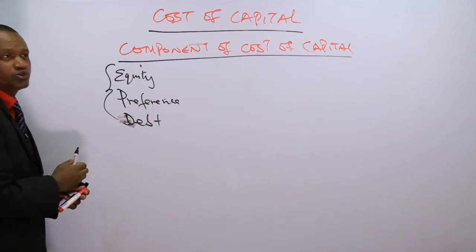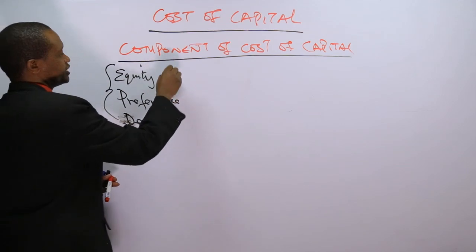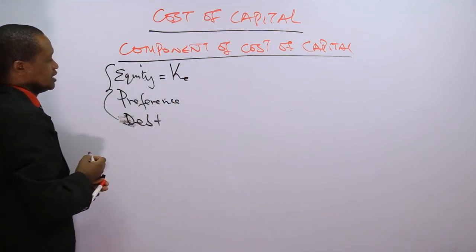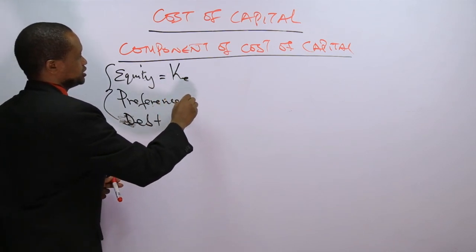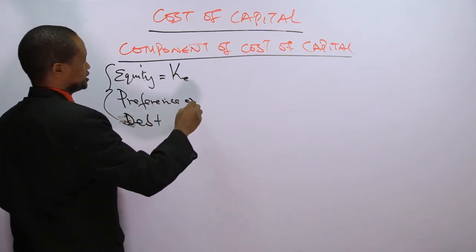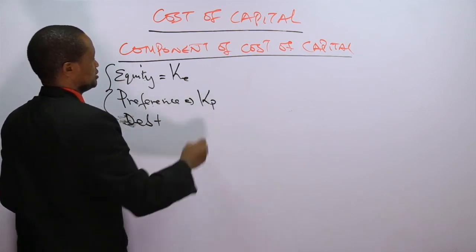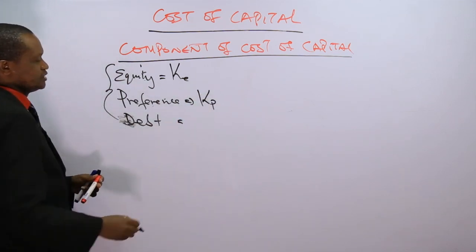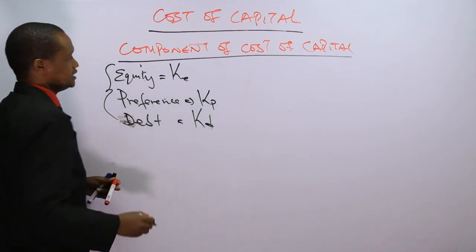We need to learn how to calculate the cost of equity, which may be abbreviated as KE, and the cost of preference shares, which you can abbreviate as KP, and the cost of debt, which we can abbreviate as KD.